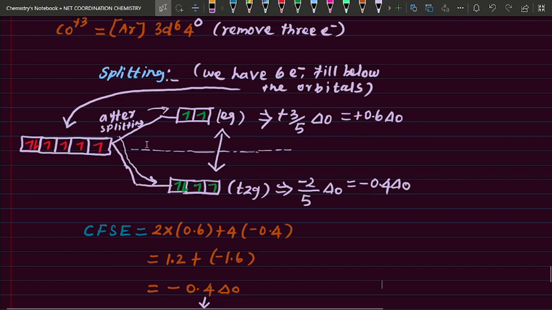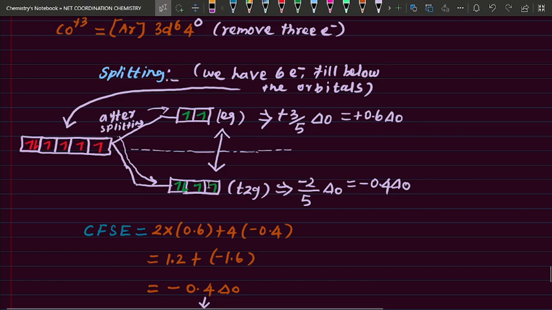It is going to split into 2 sets, first one Eg and second one T2g. See, at Eg fill 1 and 2. Again fill the T2g 1 2 3 4.